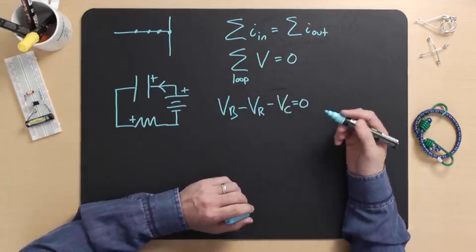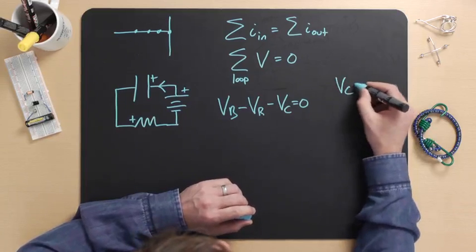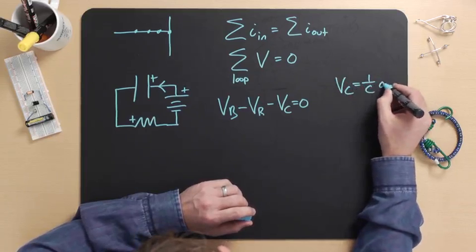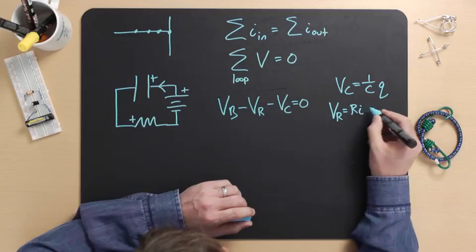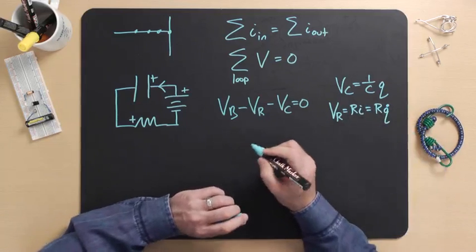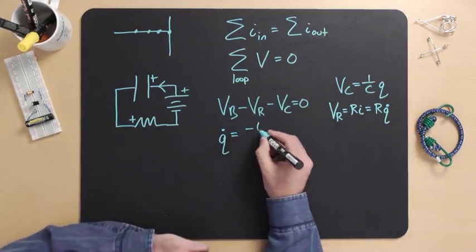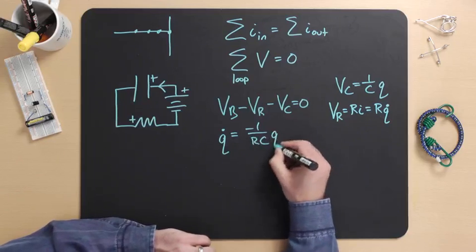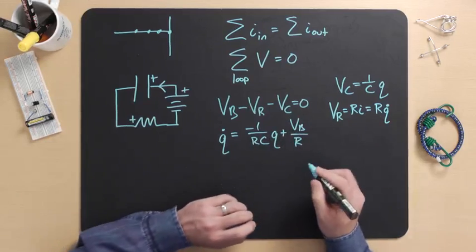And if we now substitute the constitutive laws for Vc and Vr, where, just to remind you, Vc is equal to 1 over C times q, and Vr is equal to R i, but that's equal to R Q dot, we find that Q dot is equal to minus 1 over RC Q plus VB over R. This is the same differential equation as the spring damper system with an external force.